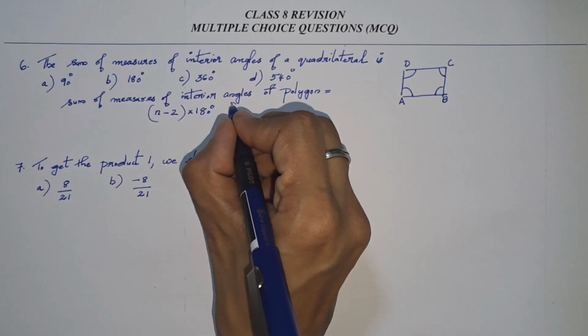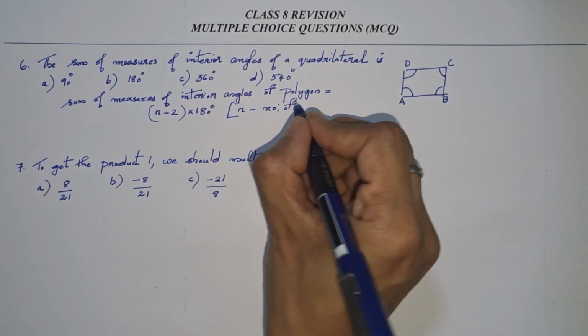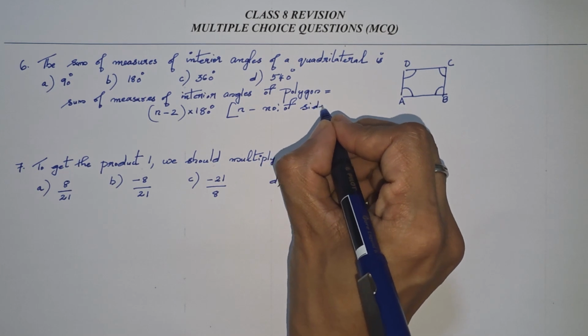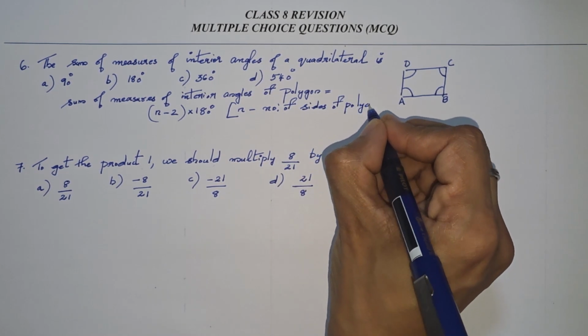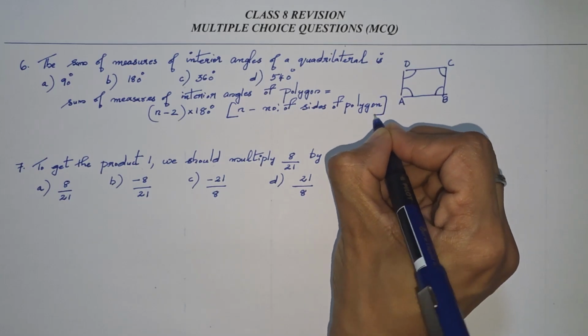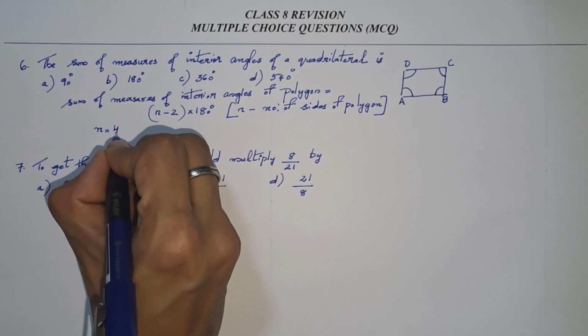What is n? n is the number of sides of the polygon. So we know that a quadrilateral has 4 sides. So let's put n is equal to 4.